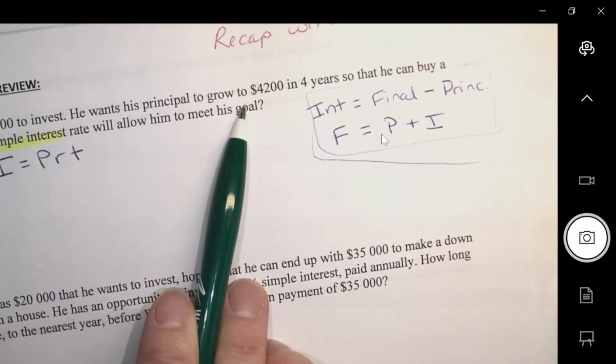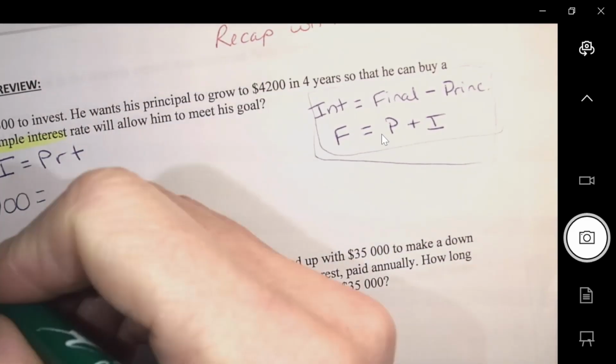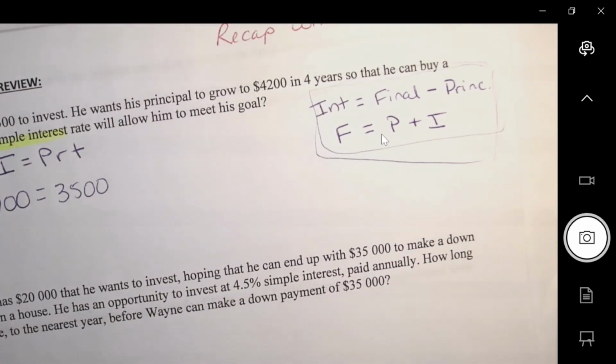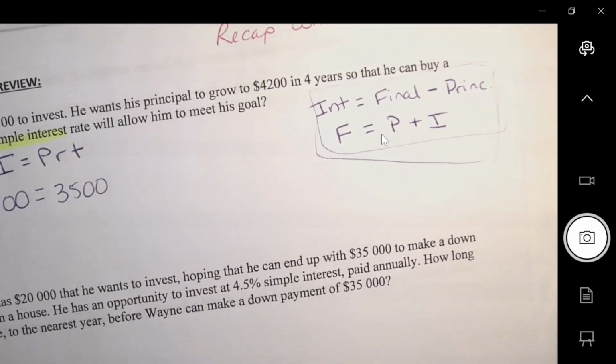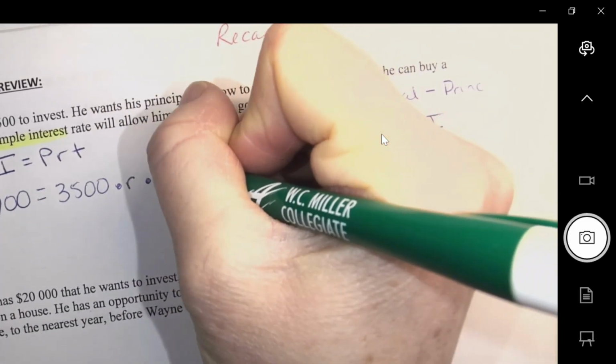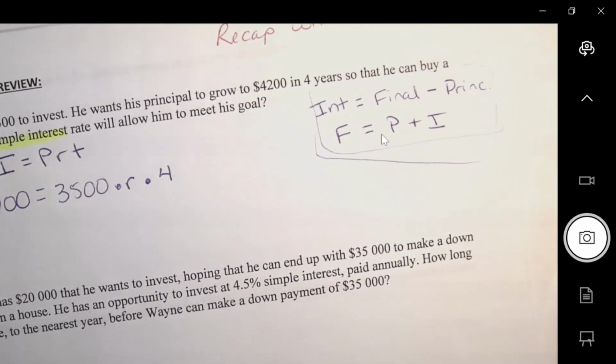How much did you gain in interest? What is that? $700. Principal, so that's 3,500. R is what we're trying to figure out, and 4 is the time.